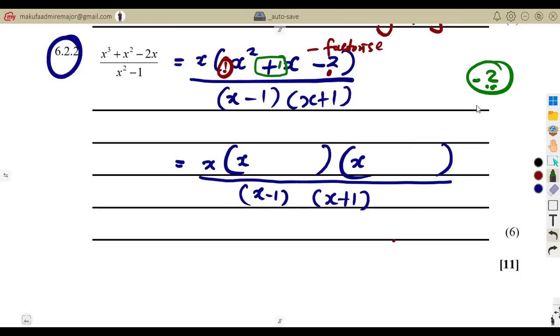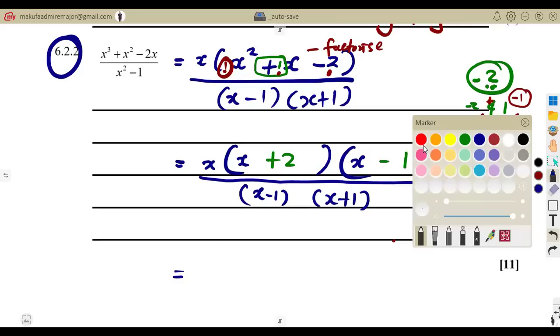So we can start with minus 2 and 1, or 2 and minus 1. When we multiply, we get minus 2, but when we add, we must get a positive 1. If we add minus 2 and 1, you are going to get a minus 1, which is wrong. We need a plus 1. If we add 2 and minus 1, you are going to obtain a positive 1, which is exactly what we need. So these are the factors that we want, a 2 and a minus 1.